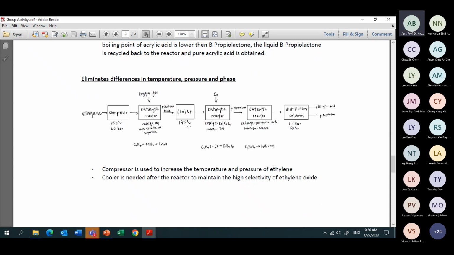You have a cooler to reduce temperature, and a compressor to increase the pressure and temperature. Okay, perhaps you can identify one more here because of the difference in pressure.